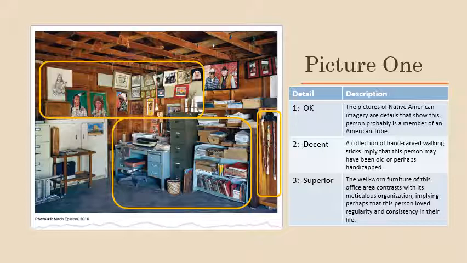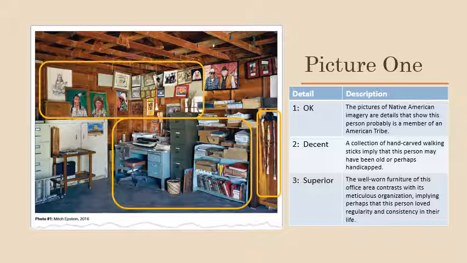So getting deeper into the person's psyche, into who they are inside, what kind of person are they? They like regularity, which may be why they still have all of this old furniture. They've never really replaced it. They like consistency, maybe that's why everything seems to have its place, right?